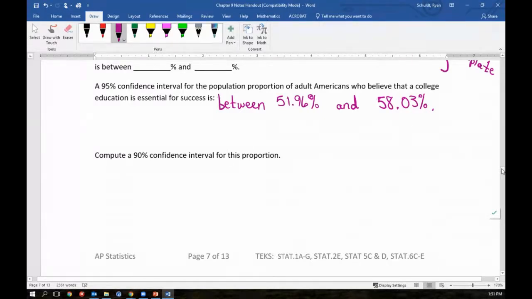So the only thing that will change is our z-critical value. I'm going to jump into it. 0.54995 plus or minus. I want a 90% confidence interval. So what would my z-critical be for 90%? 1.645.